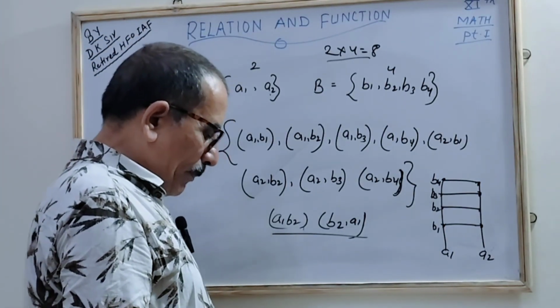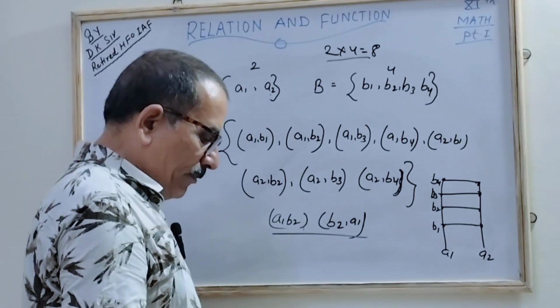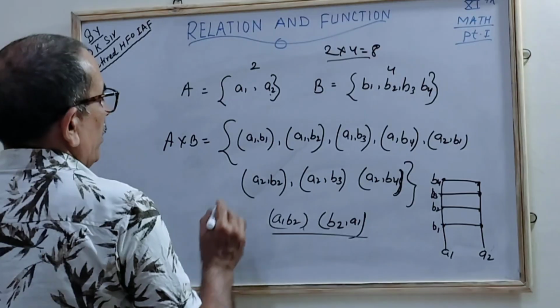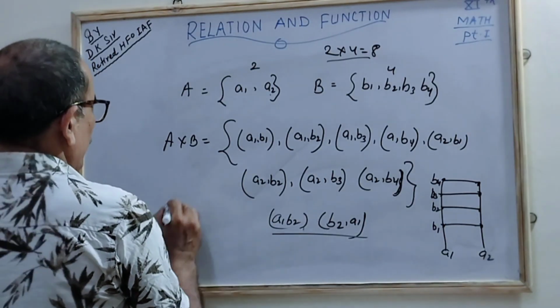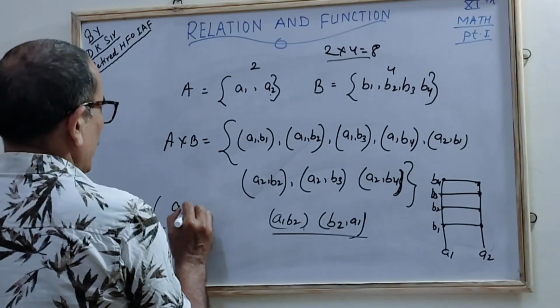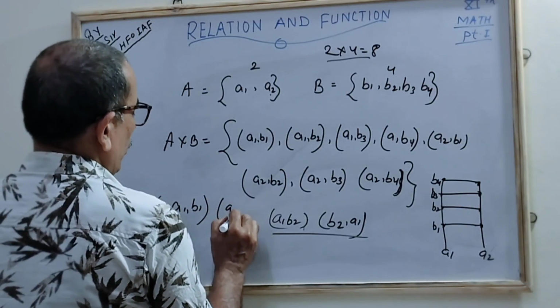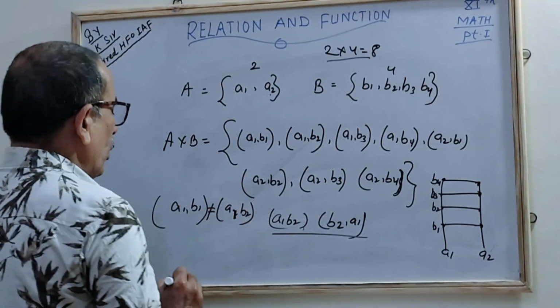Two ordered pairs are equal if and only if the corresponding elements are equal. Then what will occur? If you find that two pairs are equal, suppose we have two pairs A1, B1 and A1, B2. It will not be equal because of the B2.